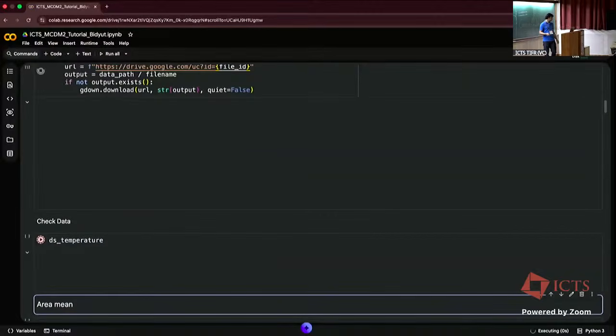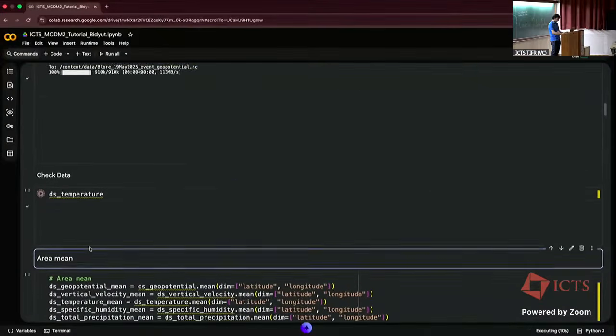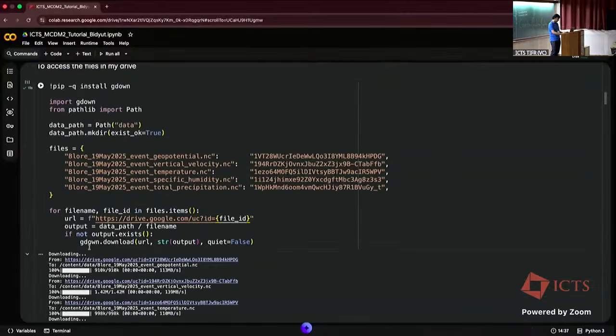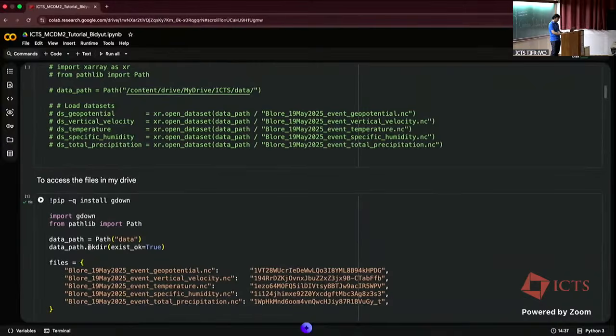Are you getting the same error? Okay, I think I read it like this.